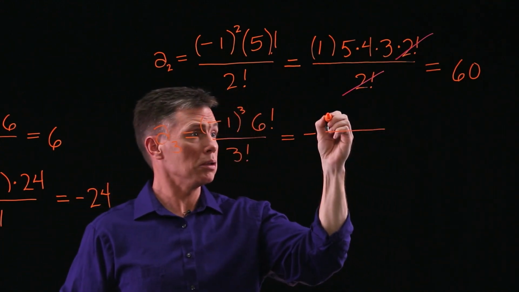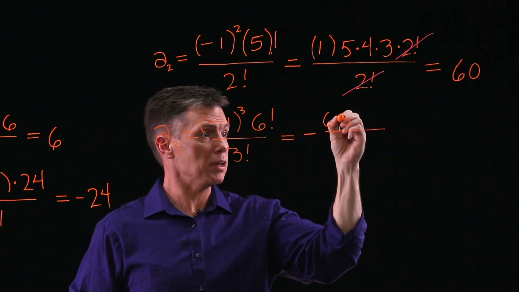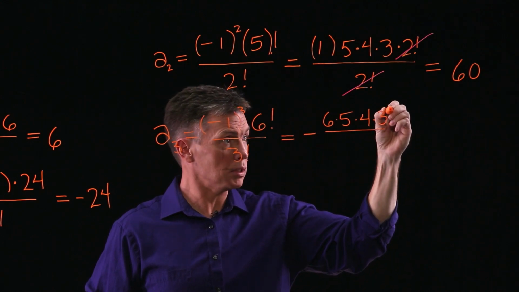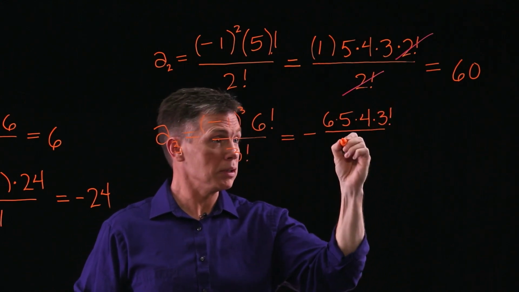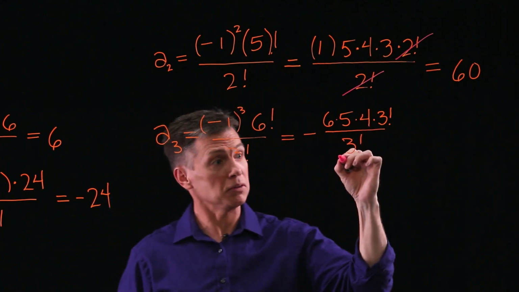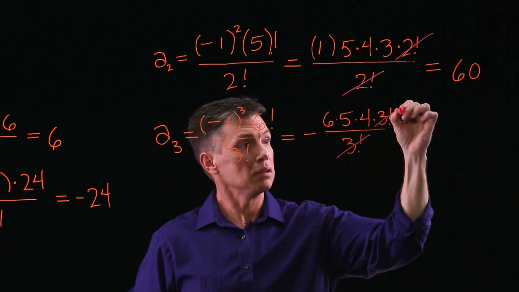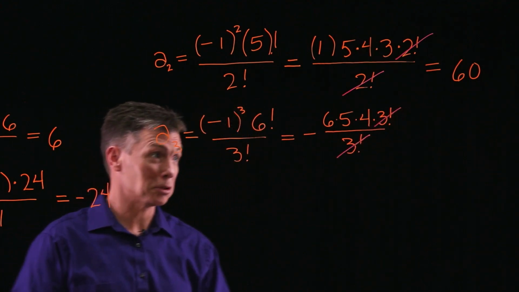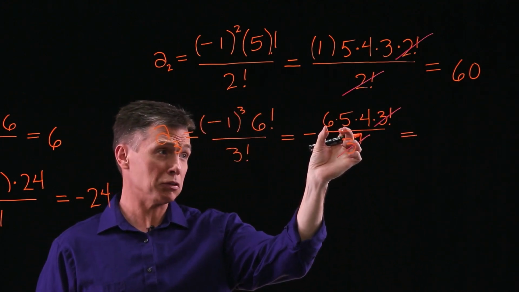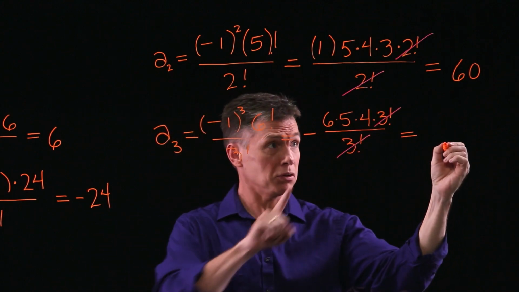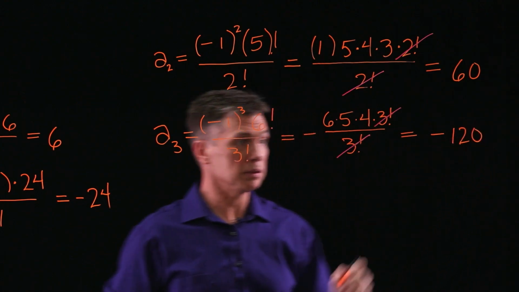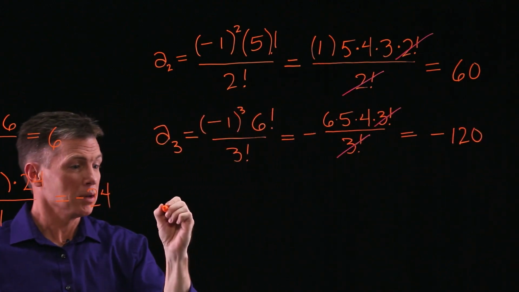But then that factorial will be 6 times 5 times 4 times 3, 2, 1, which I'll write as 3 factorial, because I'm looking at how that's going to cross out. It's going to divide out with the 3 factorial that's downstairs, right? And then again, hopefully, simpler arithmetic. This equals, let's see, 6 times 5 is 30, times 4 is 120. I don't want to lose that minus sign, though. Negative 120.